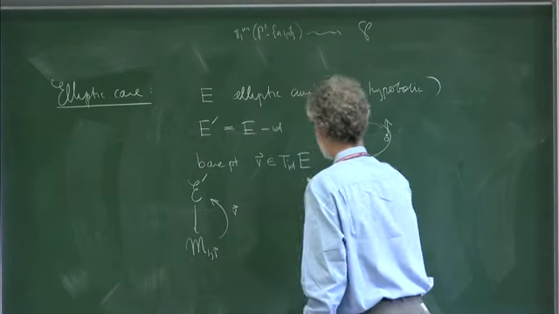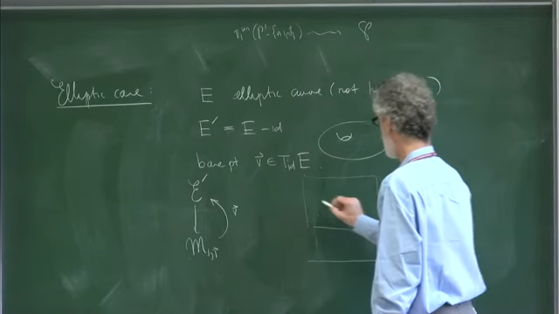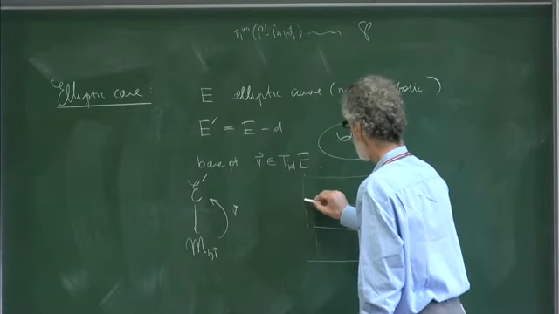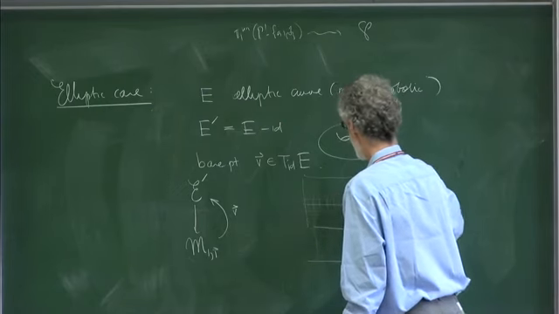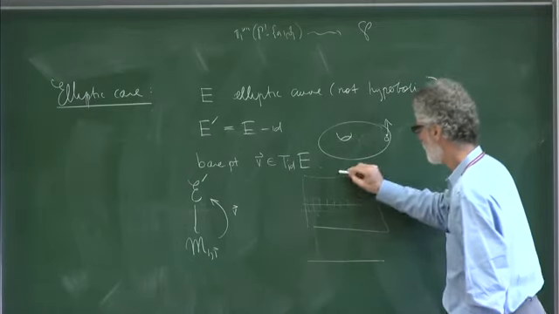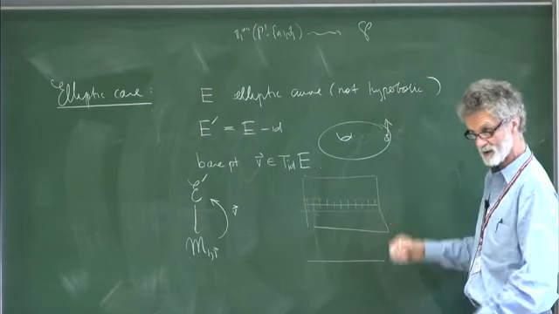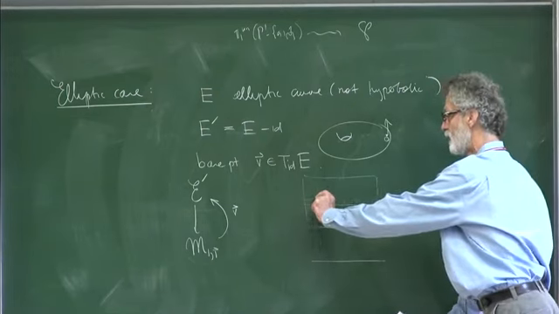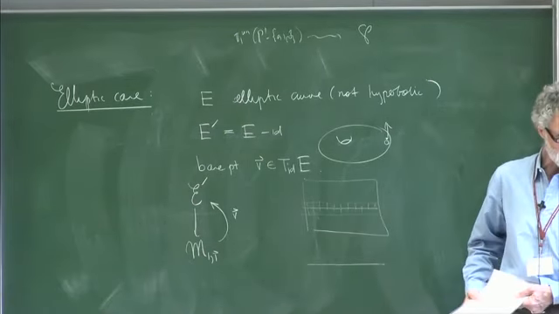And to make this even clearer, here's another way of drawing this. Here's the base. We've got the 0 section. And now what's the normal bundle of the 0 section? Well, what's the tangent space at the identity here? It's the holomorphic differentials. So this is just the relative holomorphic differentials, which is exactly the line bundle you use to define modular forms.